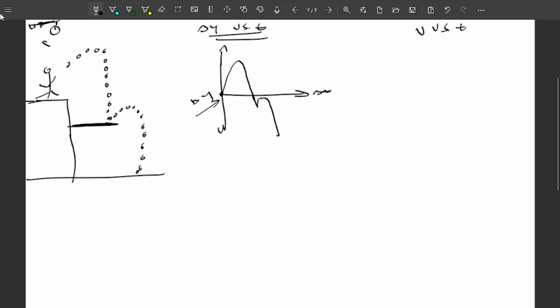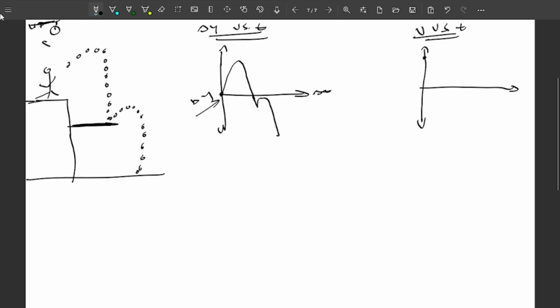Good. Now, let's come here to the velocity time graph, right? How are we going to describe it? It starts at this point. This person has projected the ball up, of which it's gonna go on. If the ball goes up, the velocity does what? It goes down.